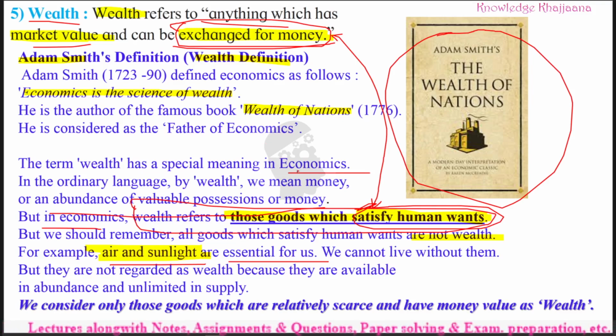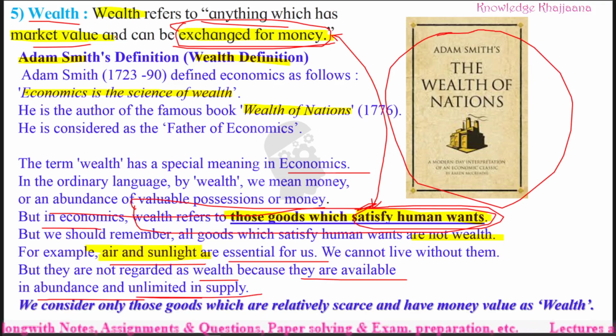That is the market value of those goods. So we cannot live without air and sunlight, but they are not regarded as wealth because they are available in abundance and unlimited in supply. Okay, there is no scarcity of air and sunlight, and we cannot purchase them in exchange for money. So air and sunlight are not wealth. But the other goods which satisfy human wants and can be exchanged for money are called wealth, according to Adam Smith.